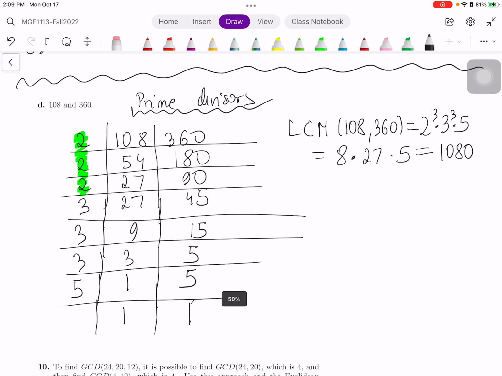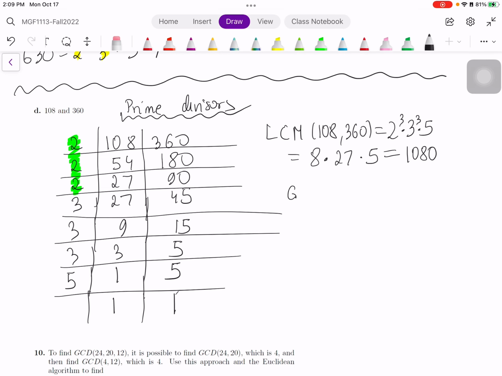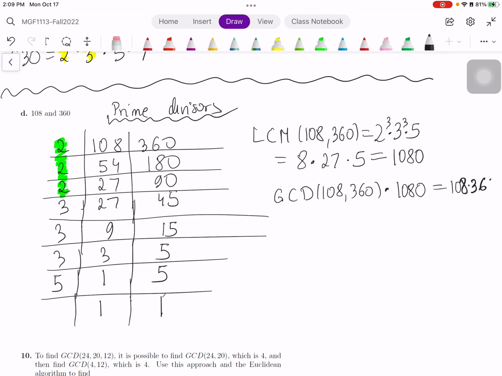So if that's that, then you know that the greatest common divisor of the two numbers times the least common multiple has to be the same as the product of those two numbers. Okay, so you can now divide both sides by 1080.